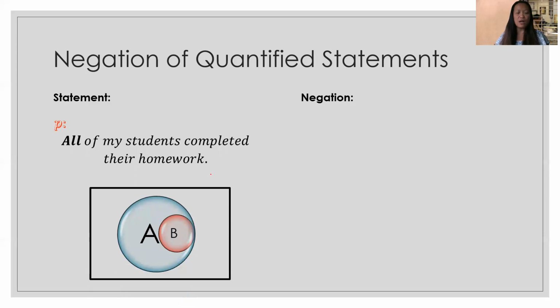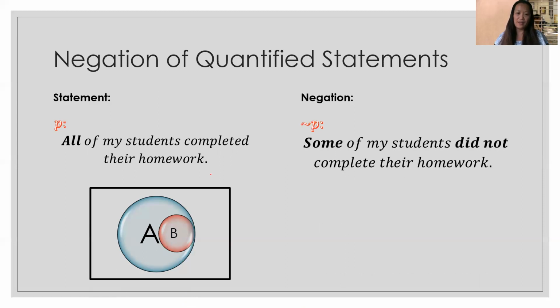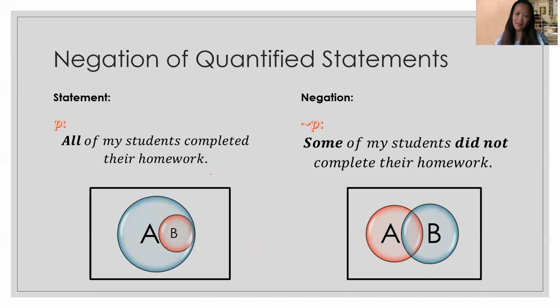Okay, and to visualize that, we would say all my students completed their homework. So not P would be some of my students did not complete their homework. And the Venn diagram looks like this, right? So the negation of all is some, okay? And that's how that works.